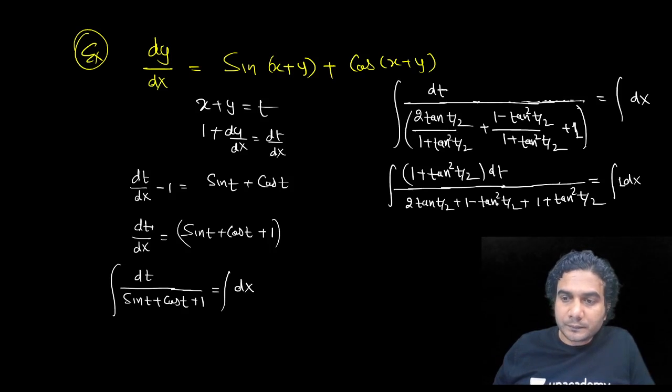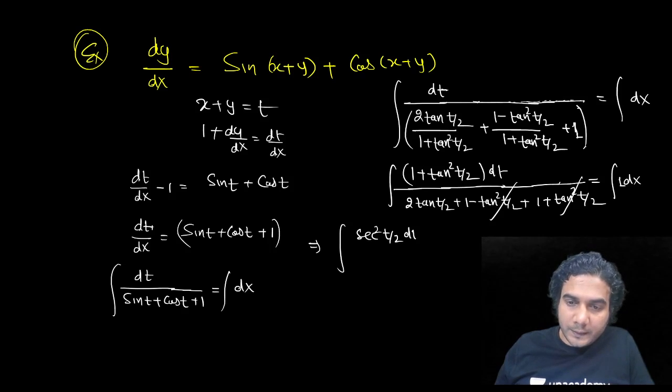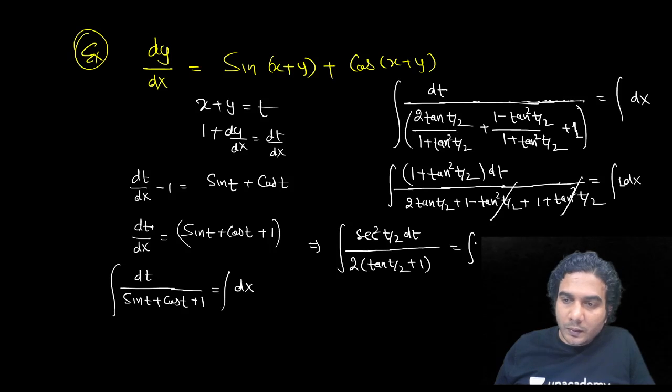All right, this tan square and tan square will get cancelled, and it is going to be sec square of t by 2 dt divided by, now it is going to be 2 tan t by 2, so 2 you can take common, and it will be tan t by 2 plus 1, okay, and is equal to dx, 1 dx you can write.